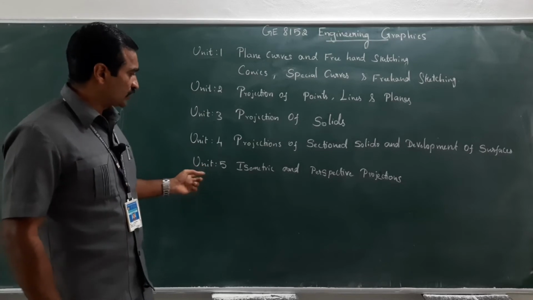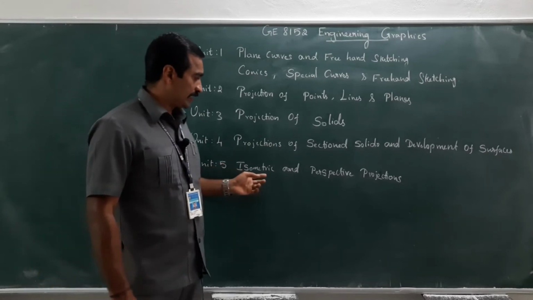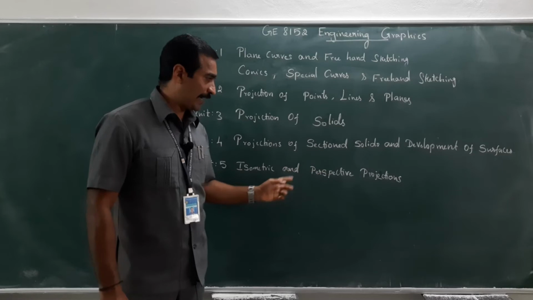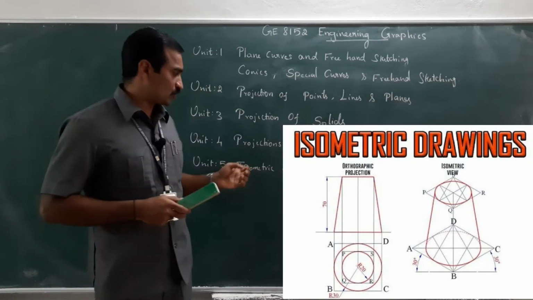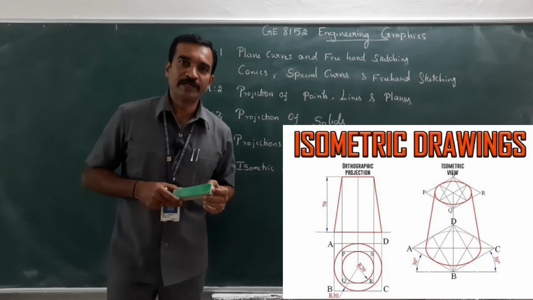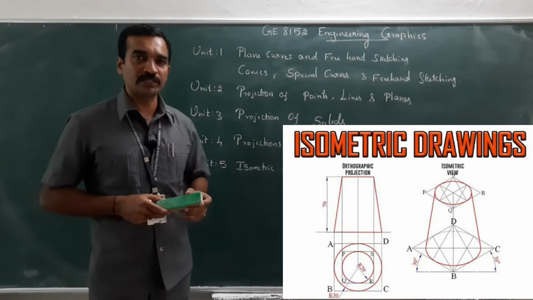Last but not the least, unit number 5, which is isometric projection and perspective projection. Iso is a Greek word. Iso means equal, metric means measure.